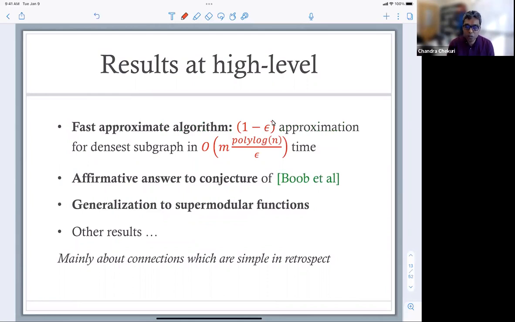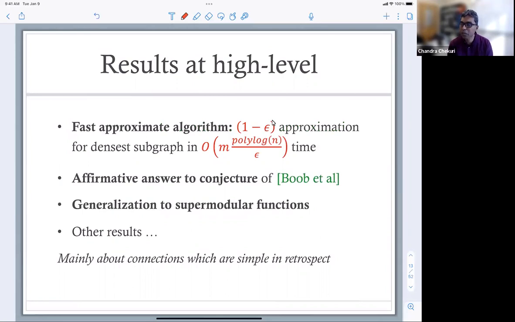Okay, so basically, what we can get, which is new, is that if you want to solve the densest subgraph problem in a graph with m edges, then you can get a 1 minus epsilon approximation in essentially near linear time for any fixed epsilon.